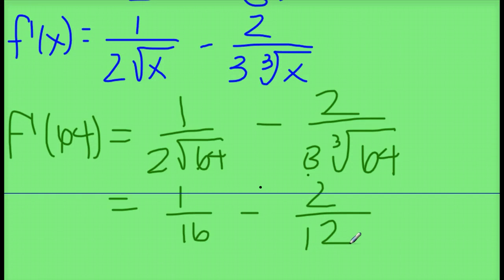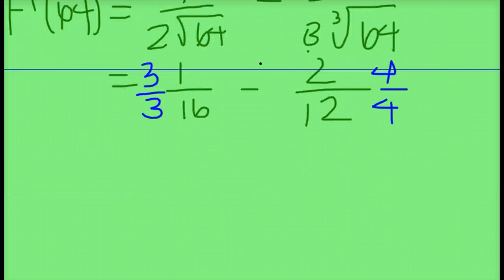Okay. Are we okay so far? Alright, so if I wanted to get the simplified form, I'm going to multiply this side by 3 to get a 48 in my denominator. I'm going to multiply this side by 4 to get a 48 in my denominator.